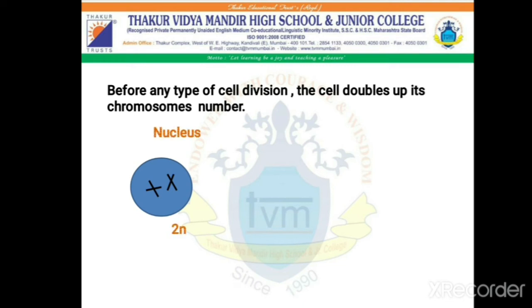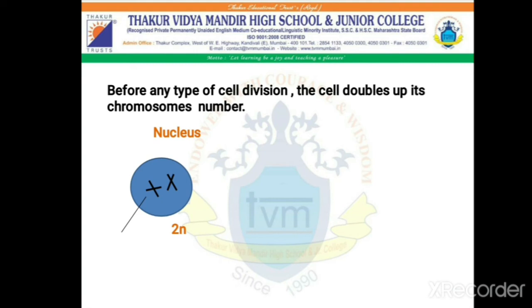These two chromosomes are represented by 2n. These chromosomes are present in the nucleus of a cell.